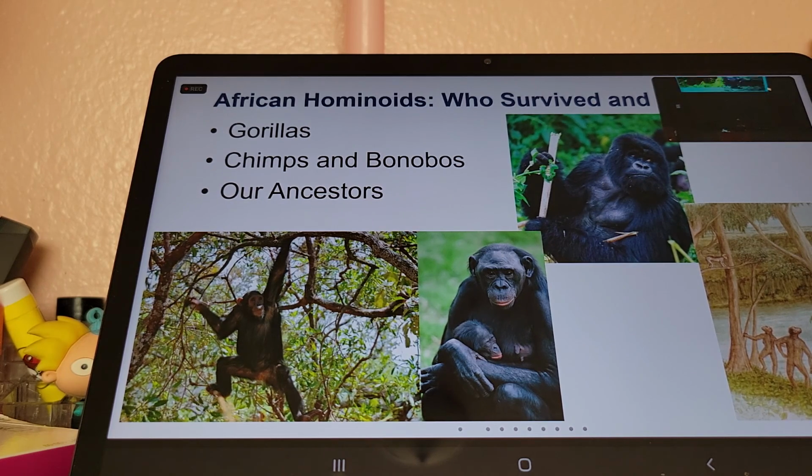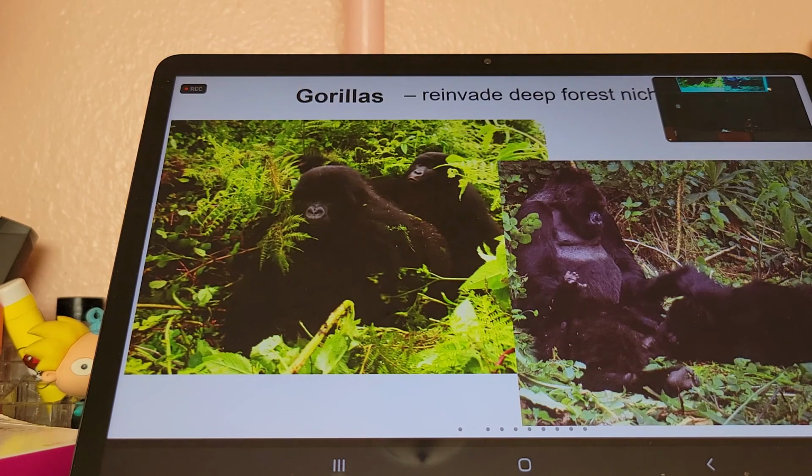How does that work? Well, gorillas reinvade the deep forest niche, right? They go back to the deep forest. They take up a vegetarian diet. They don't eat fruit, even in zoos when it's provided to them. In the wild, they eat leaves, bamboo, stalks, stems, right? That is primarily what they eat. So they move back into the deep forest niche where they're surrounded by this food resource.